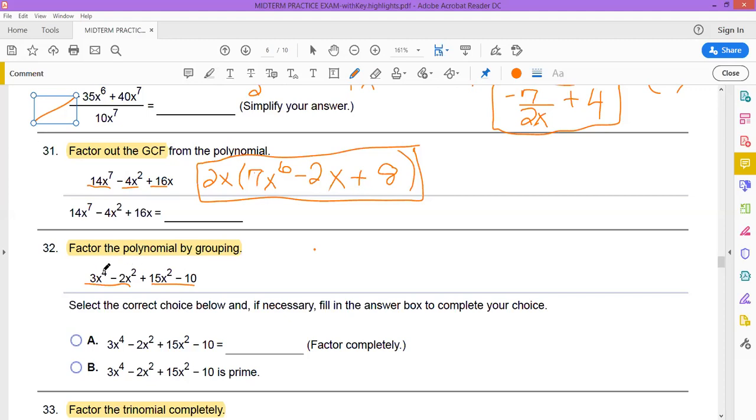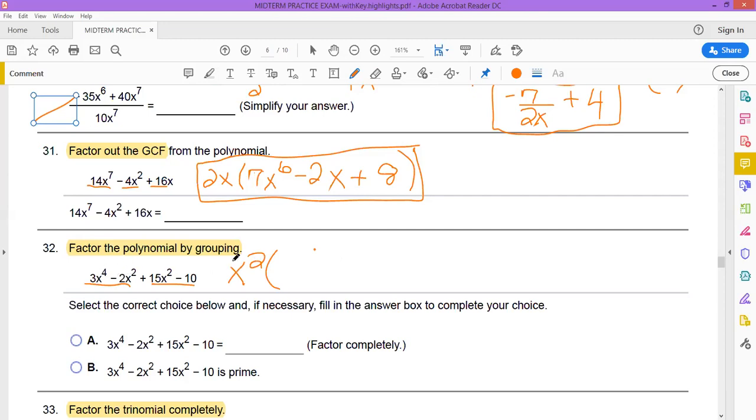Yes, because they both have x terms. The greatest number of x terms that I can factor: 4 from 3x to the fourth, I can factor 2 from 2x squared. So I can factor at least 2 of the x terms from both 3x to the fourth and minus 2x squared.